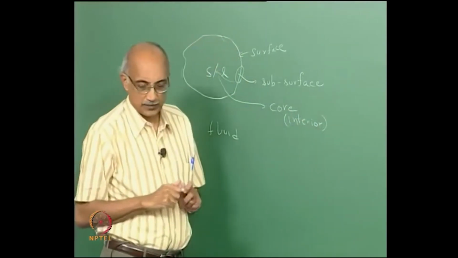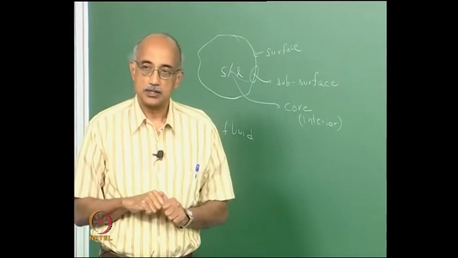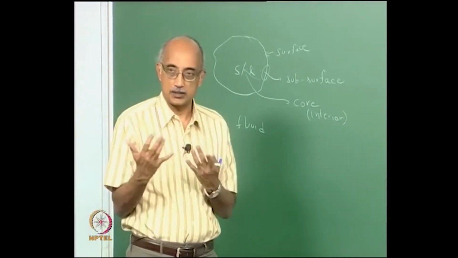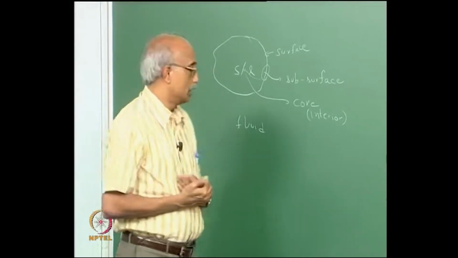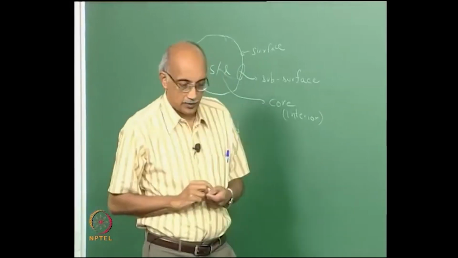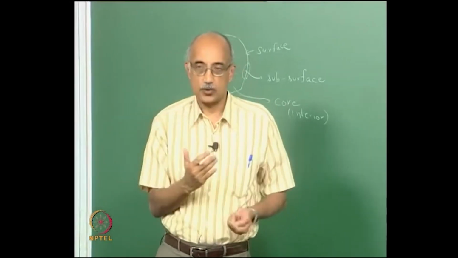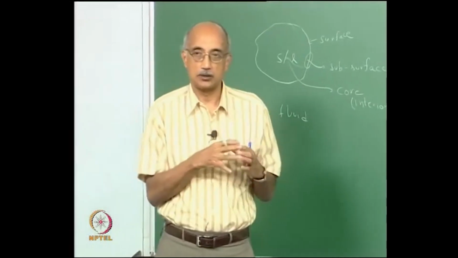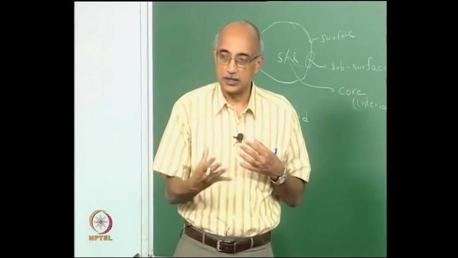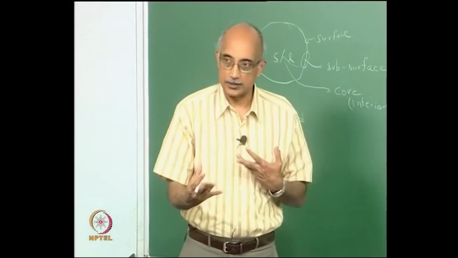So, in terms of the structure of the particle, these are very distinct regions, and we really need to appreciate the similarities and the differences between them. Now, go back to the surface. As I said, it represents essentially the contact point between the discrete particle that represents one face and the fluid which it is suspended in, which represents the other face.